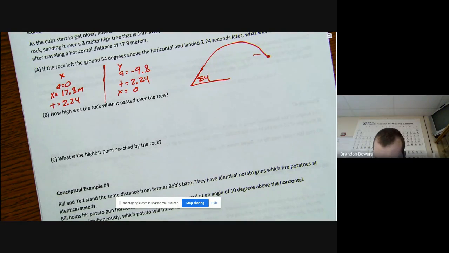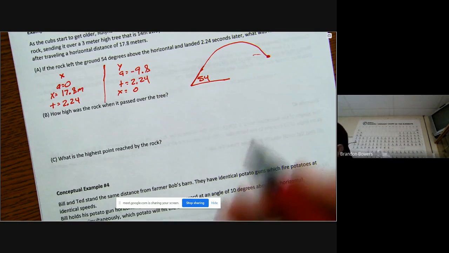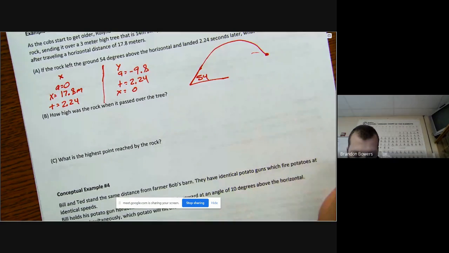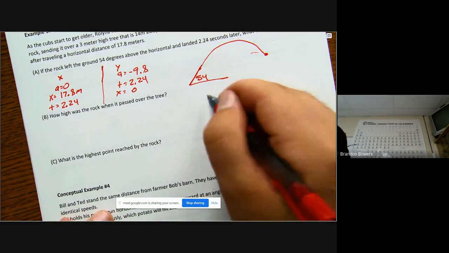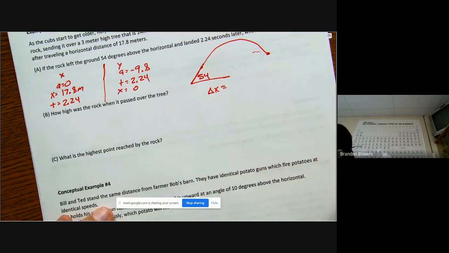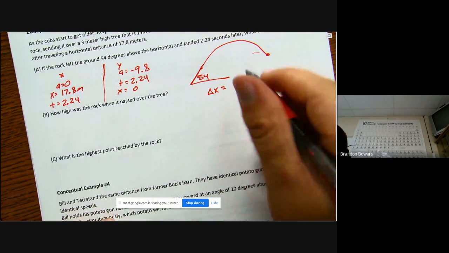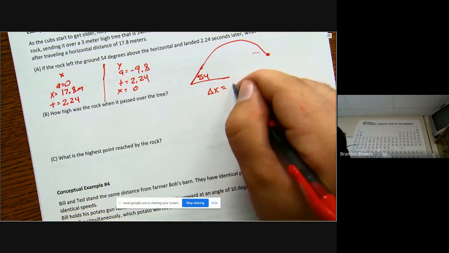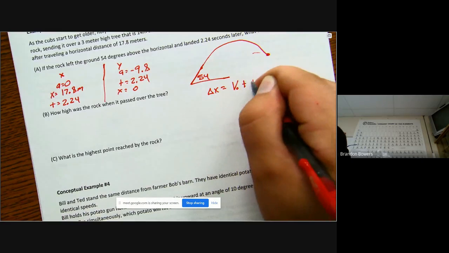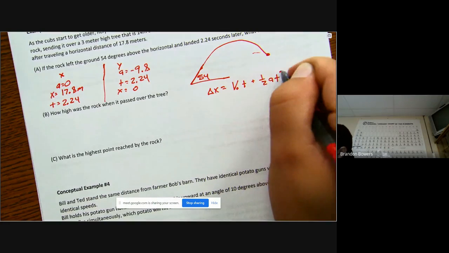Okay. So first, what we're going to be doing is we're going to find the displacement. Let's do X first. So delta X is equal to the initial velocity times time plus half the acceleration times time squared.